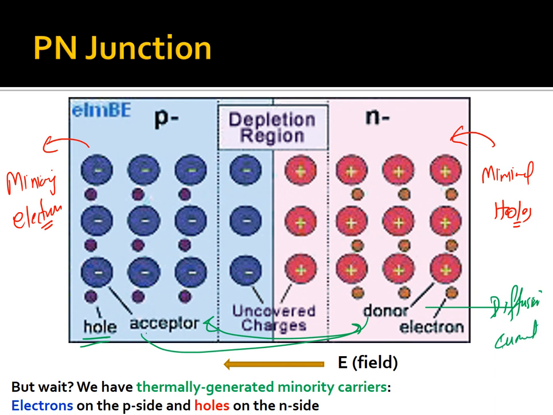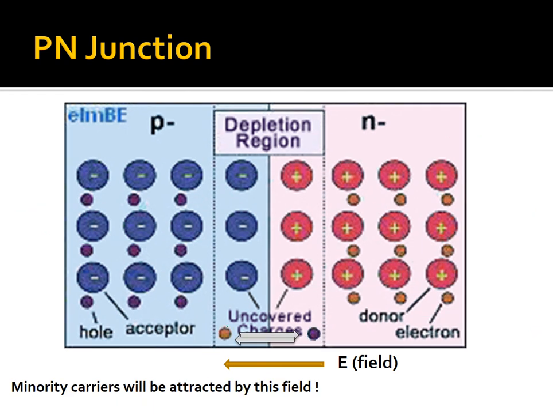Basically there will also be a drifting, or diffusion, of the minority carriers. The electron will try to move towards this side, and the holes from this side will be attracted towards the negative ion charges. The electrons will be attracted towards the positive ion charges, and the holes will be attracted towards the negative ion charges.